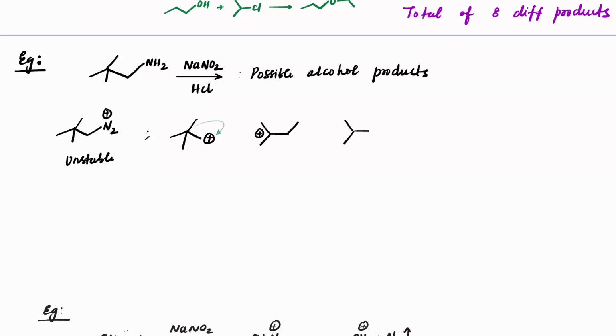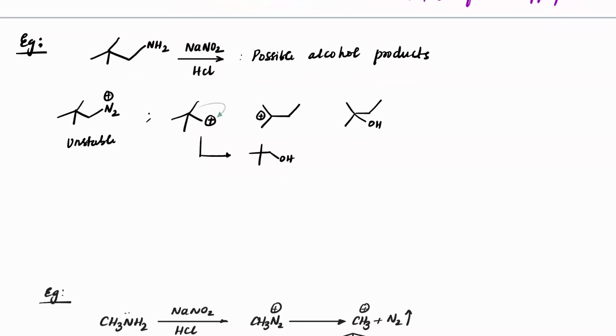And once you get this carbocation, from here on we can get alcohol. So one alcohol will be formed here, and before rearrangement also I can have one alcohol formation here, like this. These two are the alcohols which are formed. So wherever the positive charge is going, you need to check those alcohols.